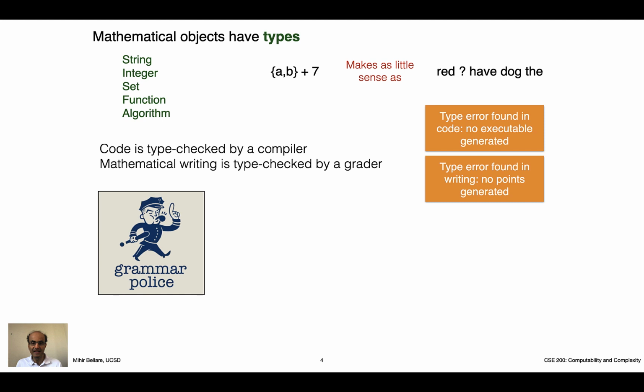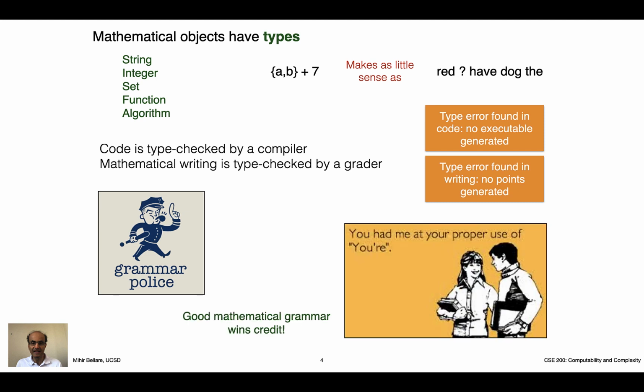So there is some form of checks going on, and it is good to know how to pass them. In particular, if you write code that doesn't type check, well, you won't get an executable. In the same way, if you write mathematics which doesn't type check, well, your grader can't parse it, you're not going to get too many points on your homework. So you have some incentive to do these things right.